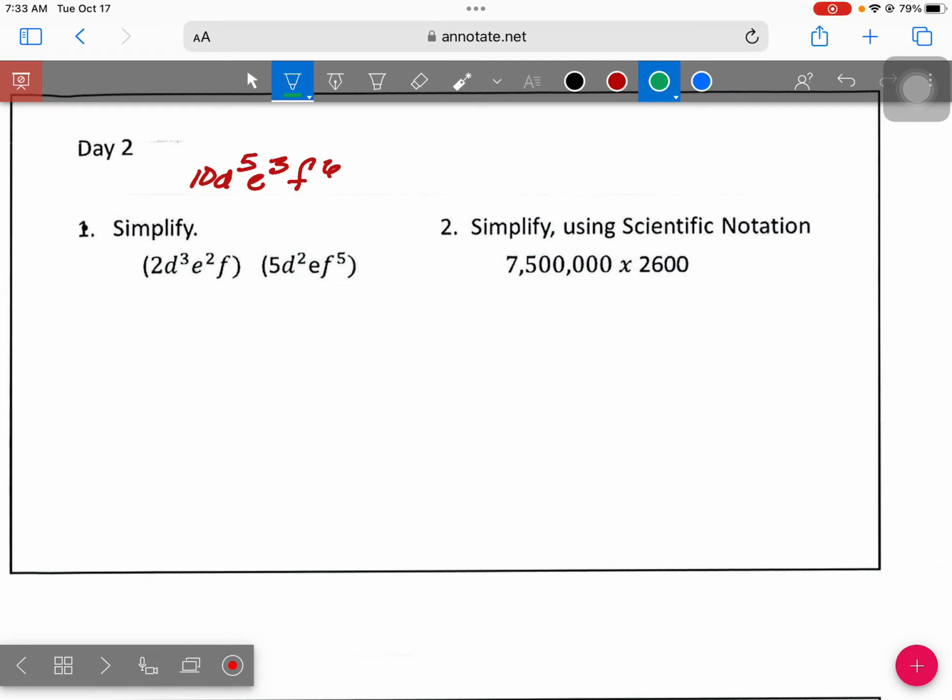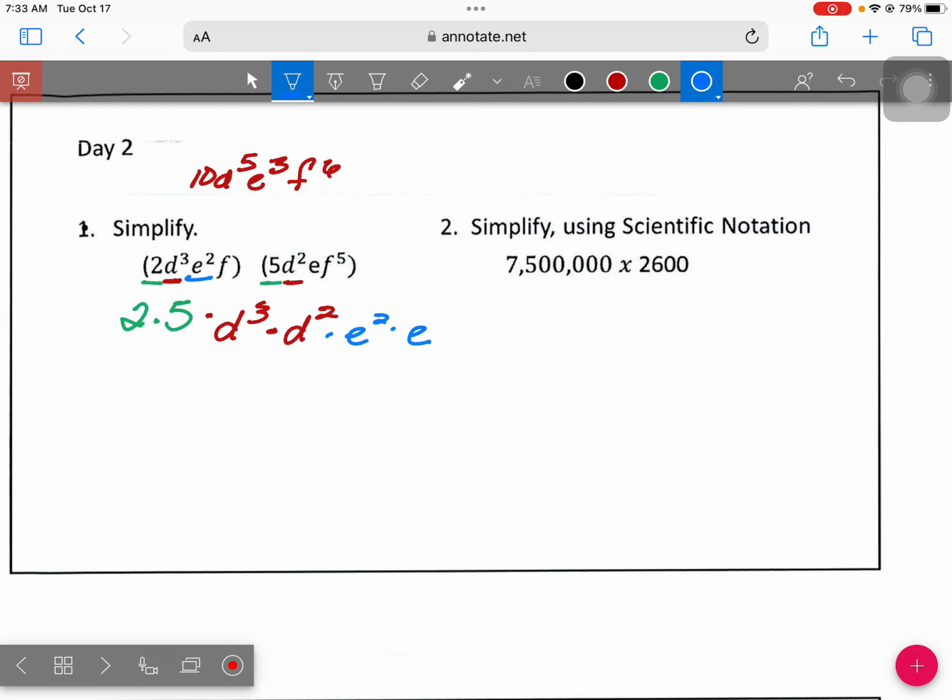If I could actually read. All right, here we go. So we have 2 times 5, and we take those out front. And then we have d to the 3rd and d squared. Okay, so I put those together. E squared and e.